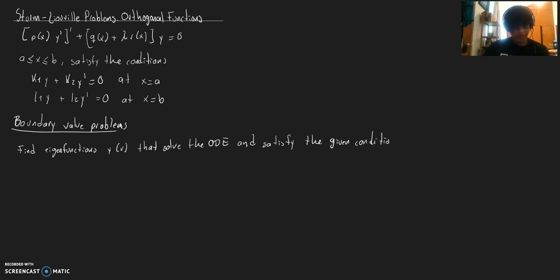How do we make it? We require to obtain the value of lambda, which is an eigenvalue for which an eigenfunction exists.